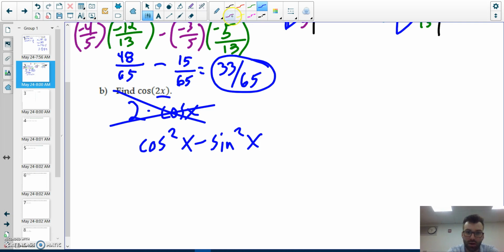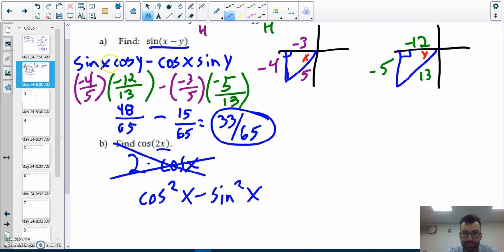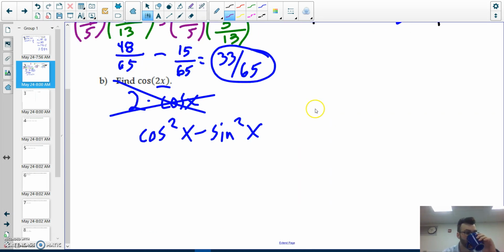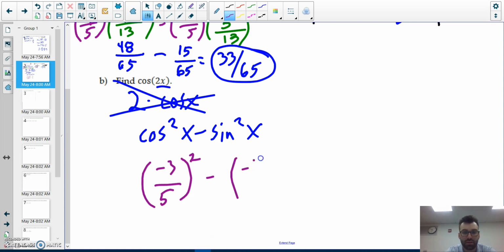Alright? Well, I know the cosine of x is -3 over 5, and the sine of x is -4 over 5. So I do -3 over 5 quantity squared minus -4 over 5 quantity squared.